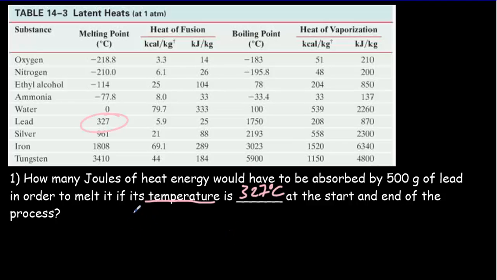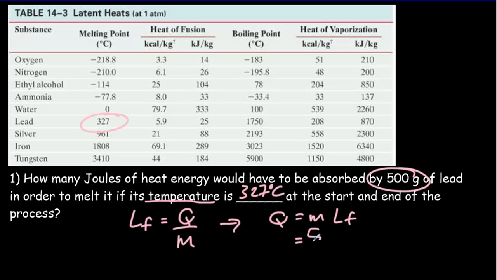So this is melting. We need the latent heat of fusion for lead, and it should be equal to the heat added divided by the mass. Of course, if we rearrange that, we'll get that the heat added is going to have to equal the mass times the latent heat. And we've got a 500 gram sample. And now let's look for the latent heat of lead. That's going to be 5.9 kilocalories per kilogram.